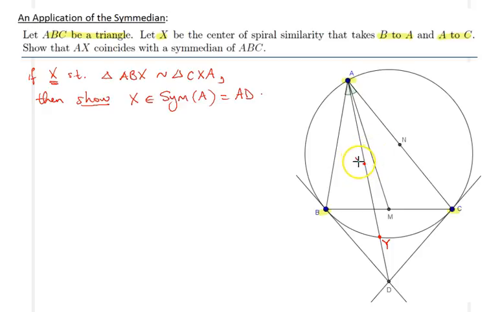So proof: let X prime be such that AX prime is equal to X prime Y, where Y is the intersection of the circumcircle and the Symmedian line. I also marked the midpoint of BC as M and the midpoint of AC as N.